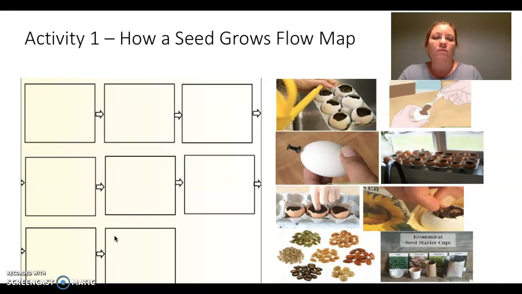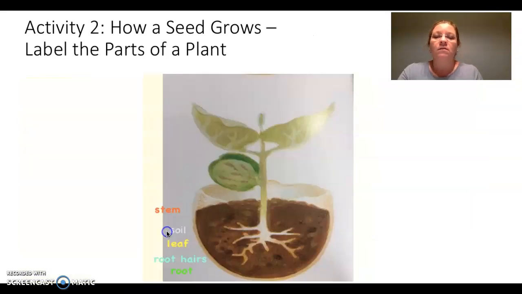Or you may draw the boxes and draw your flow map and draw pictures within those boxes to represent the pictures. So you have a few choices there, and of course you would take a picture of your final project and upload that. And that is activity 1, which is also due by that Monday evening due date.